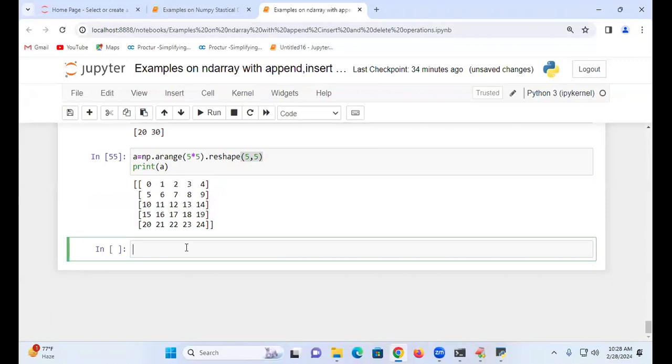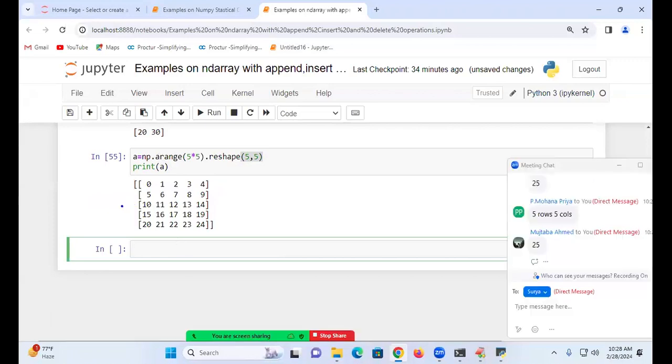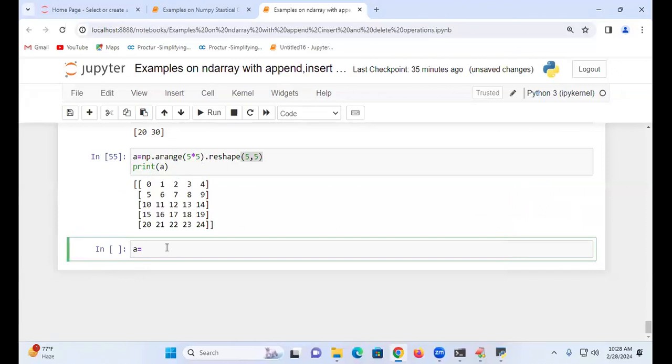Following? Now I want to delete this one, the row with 0, 1, 2, 3, 4. What is the axis?